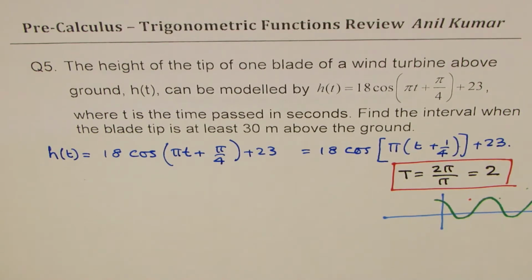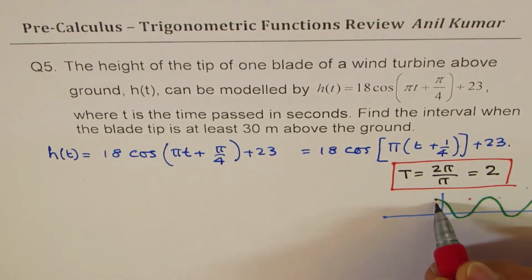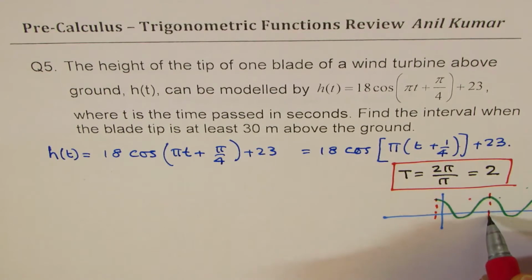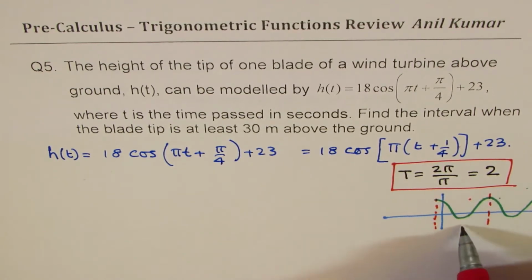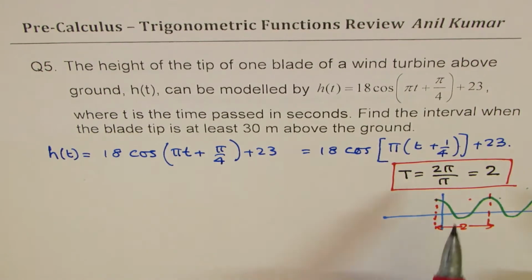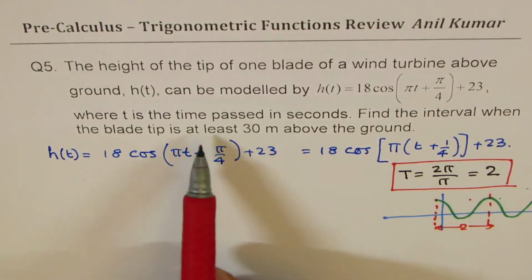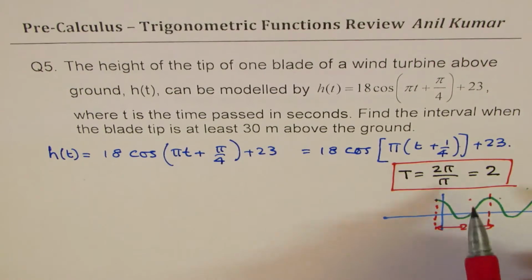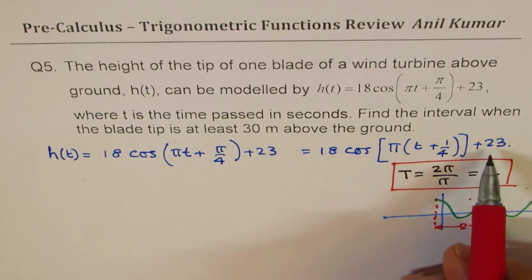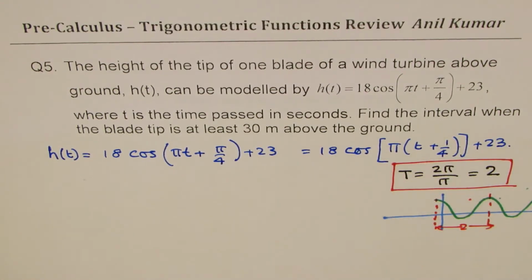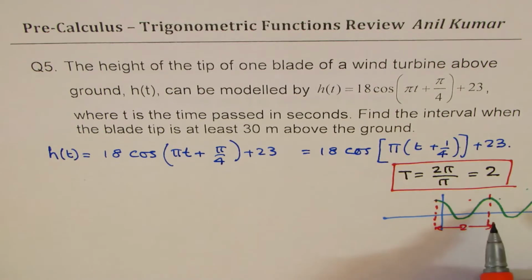From this point to the next maximum, this is 2. That's what I'm trying to say. Now the question is when it is at least 30 meters. From here we know 23 is the middle value. Well, this diagram is not very correct.